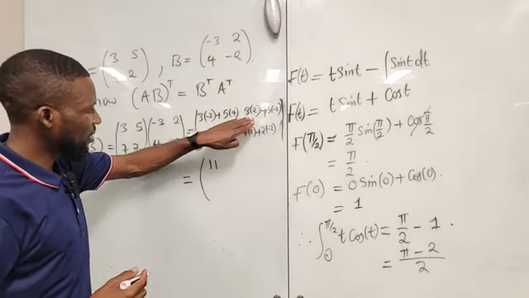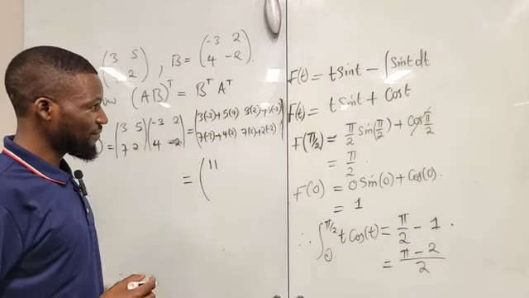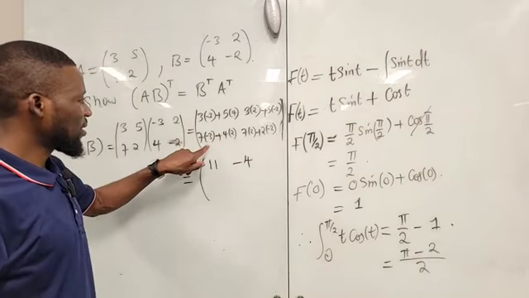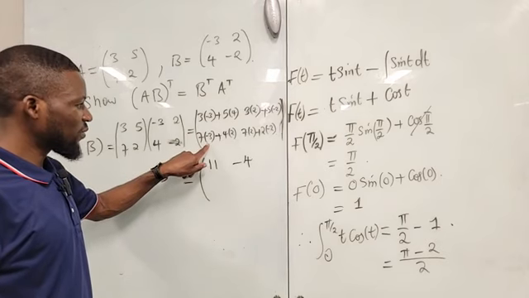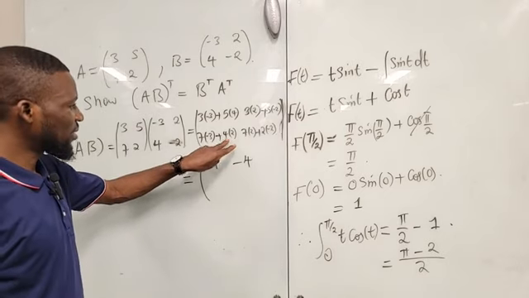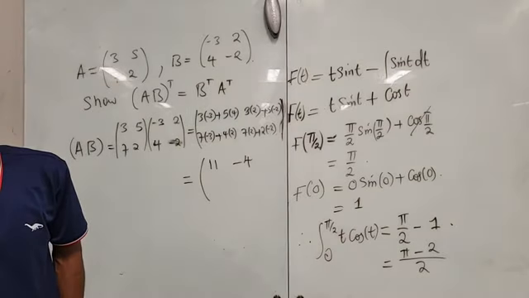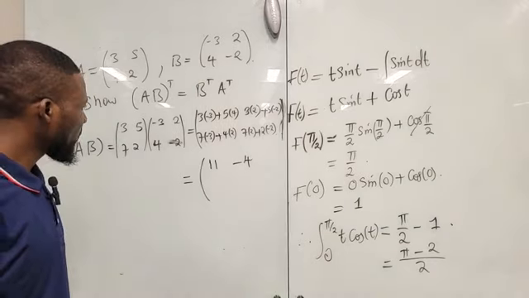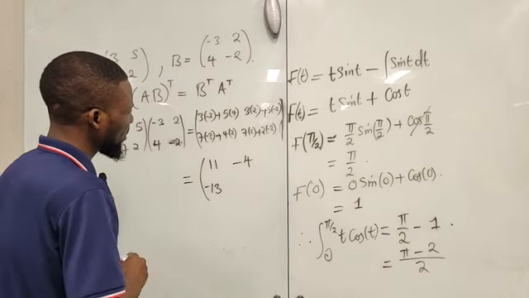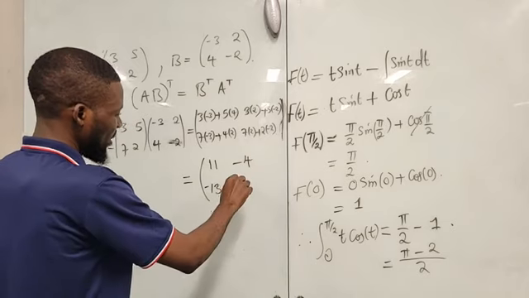Then next this is 6, and this is -10, so that should give us -4. Then this is -21 and this is 8, so this should give us -13. And the next part is 7 multiplied by 2, which is 14, minus 4, which is 10.